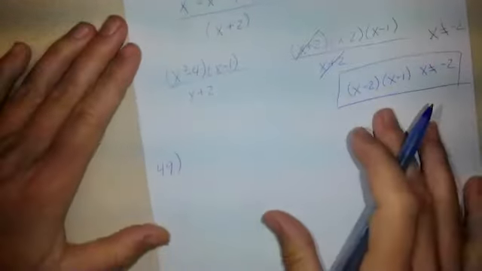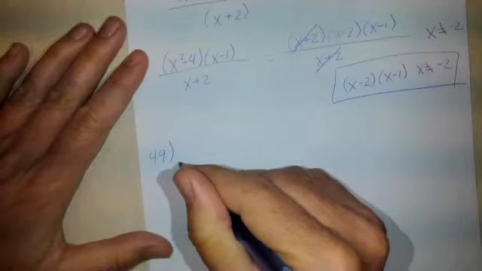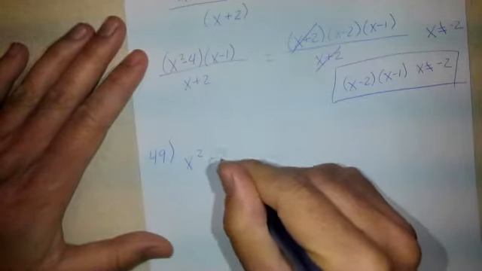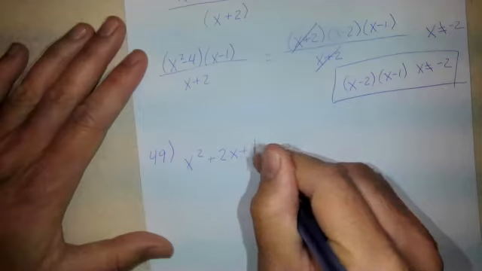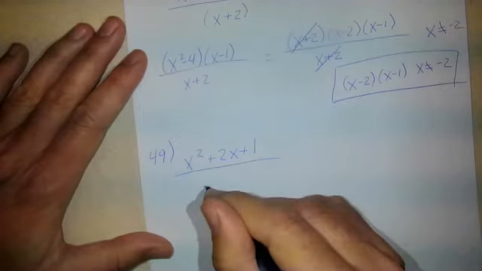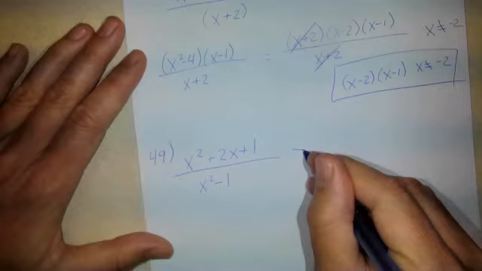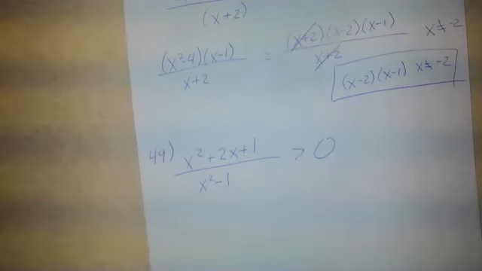So the original problem reads (x squared plus 2x plus 1) over (x squared minus 1). I mean, that feels like a difference of squares to me, is greater than 0.